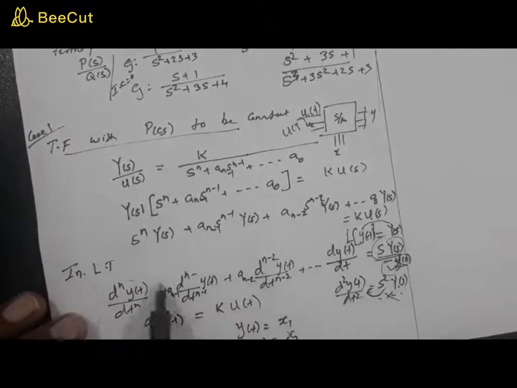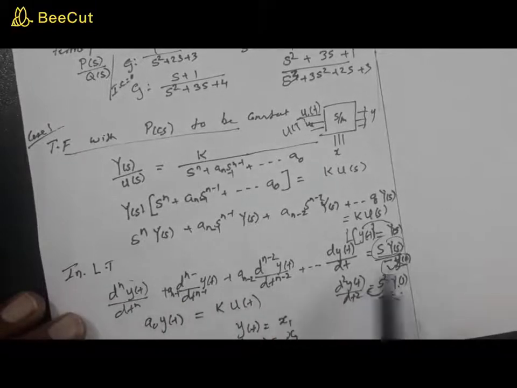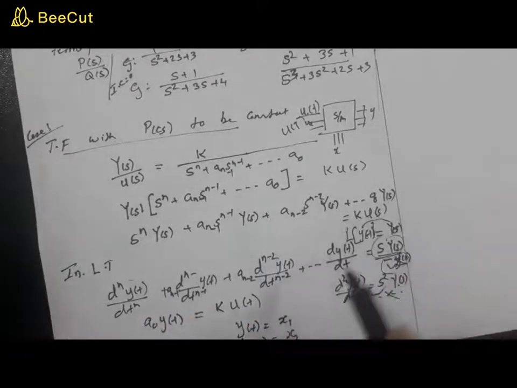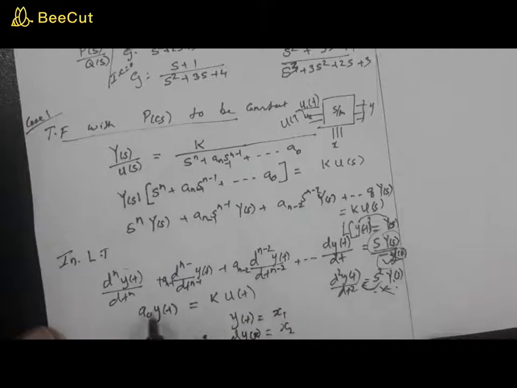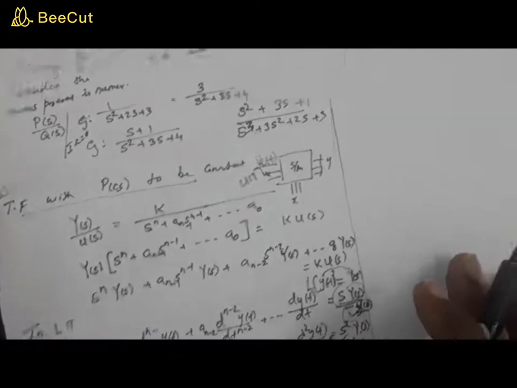So you can cross multiply, and applying the inverse you can take all those things. We won't be considering the rest of the terms while finding the inverse, because the transfer function is defined in such a way that the initial state is 0. So you will be able to get the state space representation.